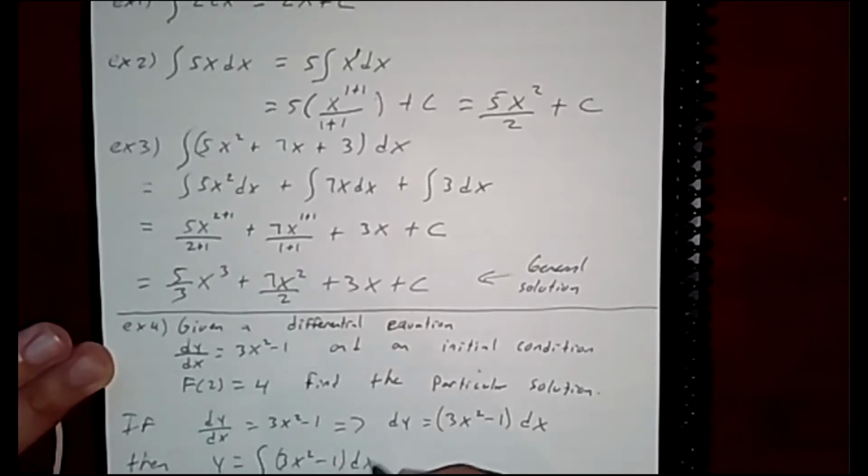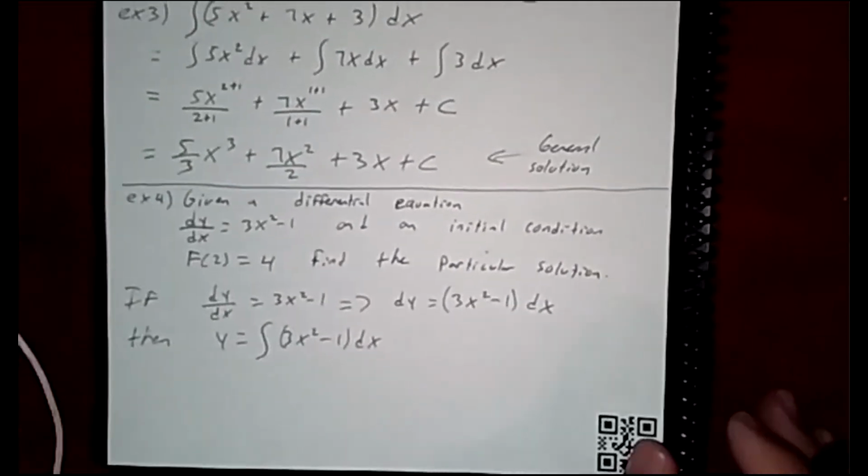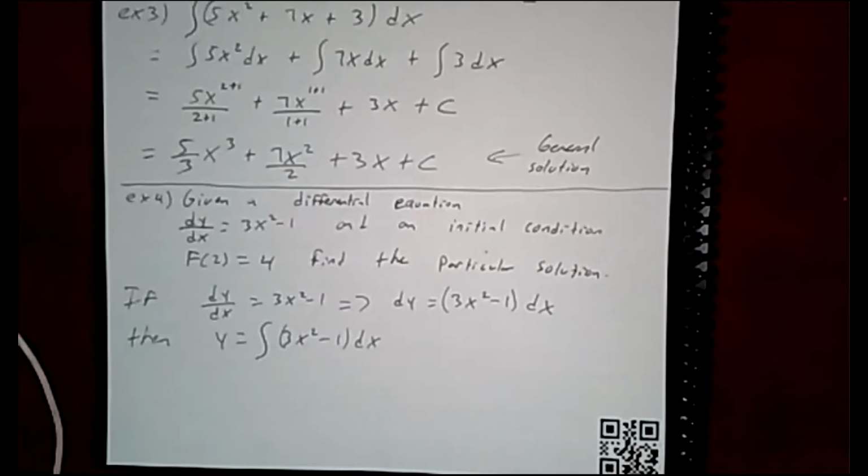So integrate this, what is y going to be? So y equals the integral of 3x squared minus the integral of 1.